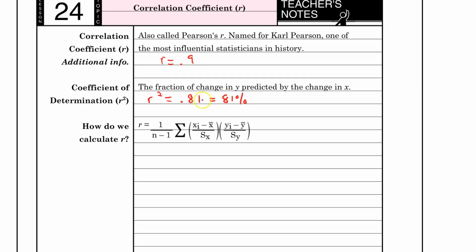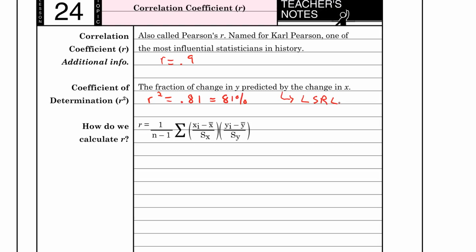We would say 81% of the change in Y is predicted by the change in X. Likewise, we could say it's predicted by the model, the least squares regression line.